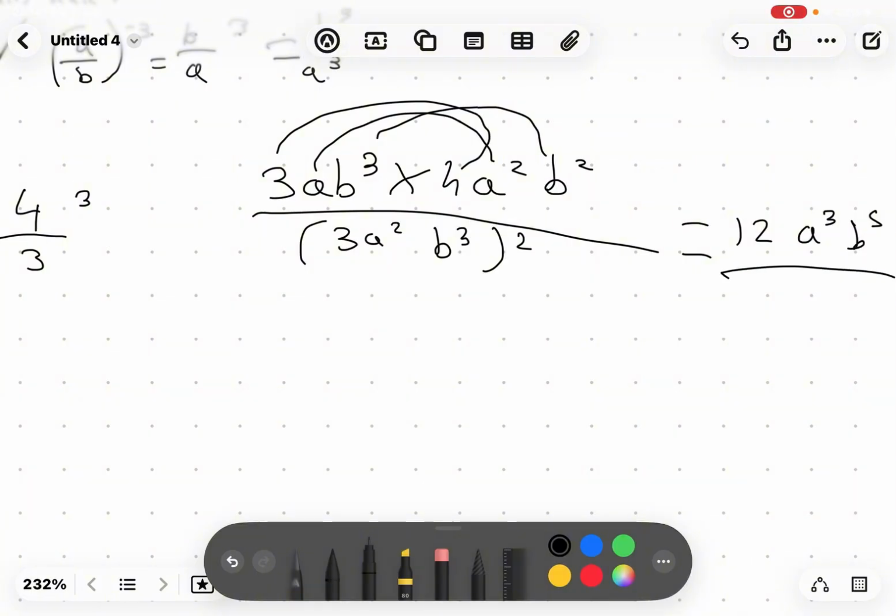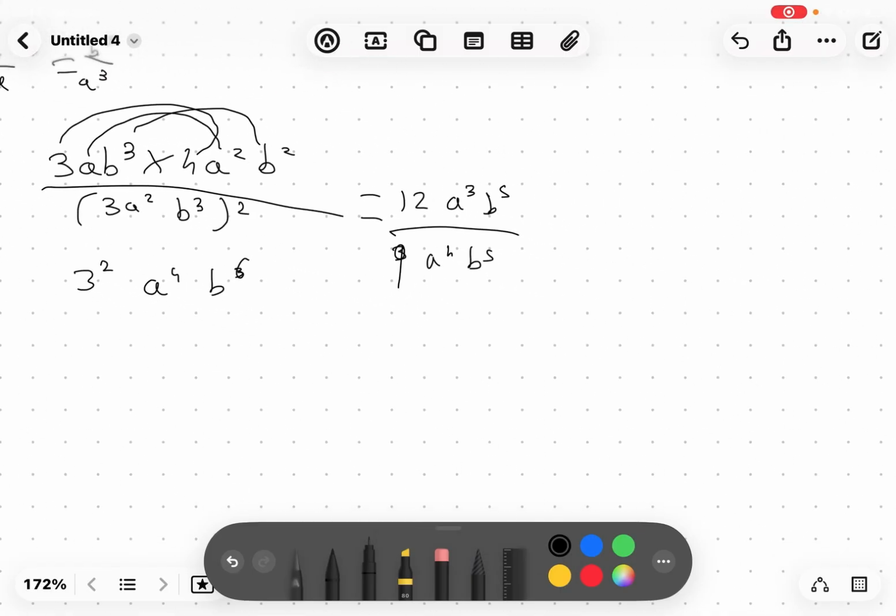Then we should open the brackets, and the brackets are going to be 3 to the power of 2, a to the power of 4, b to the power of 6, and 3 to the power of 3 is 9, a4, b5, and after that this cancels, and then we have to divide them.